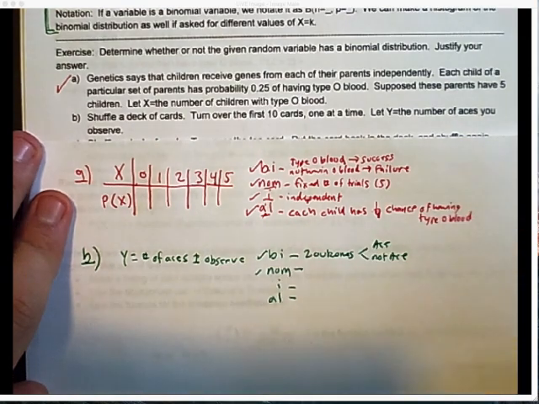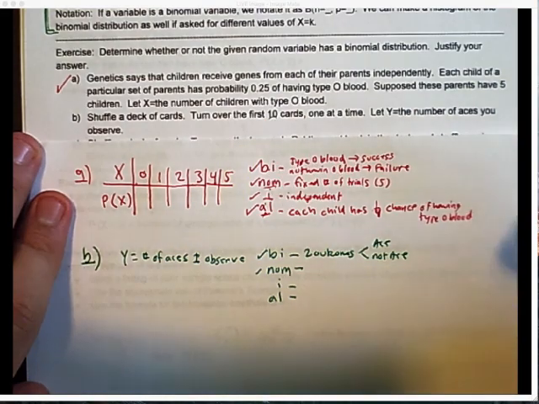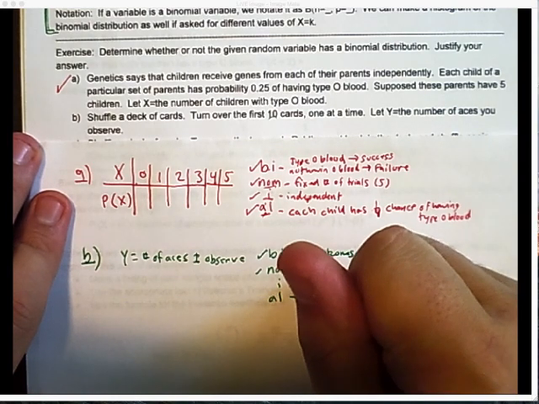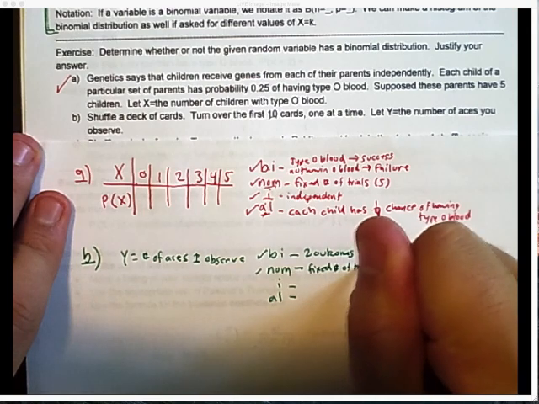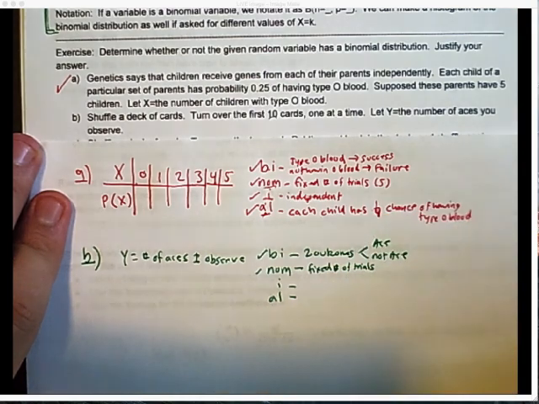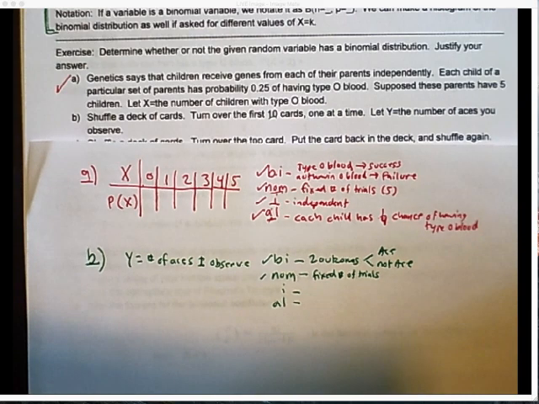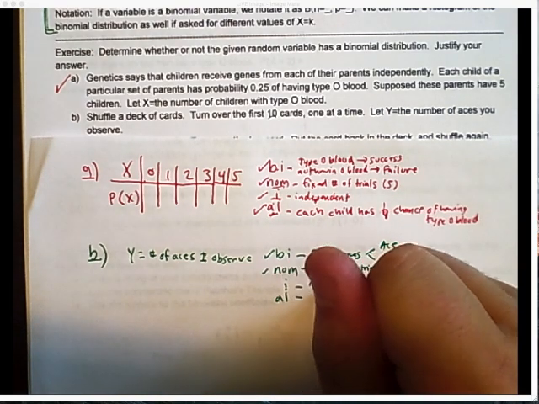Do we have a fixed number of trials? Well, it tells me here that I'm going to turn over the first 10 cards, so yes, we have a fixed number of trials. Is each card independent of the next card? Not really.